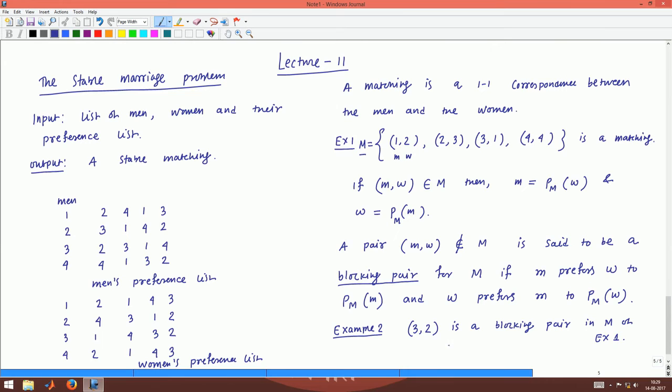So, why is (3, 2) a blocking pair? We will understand this first.